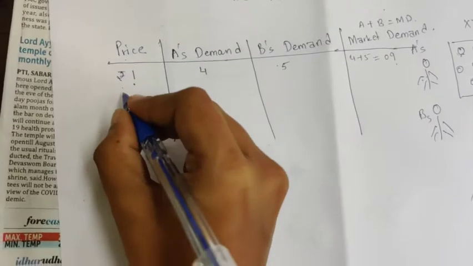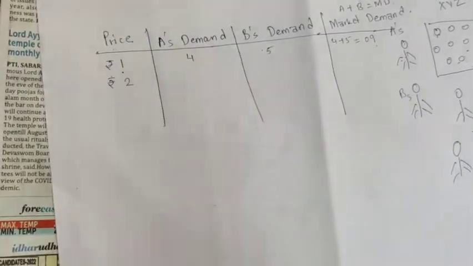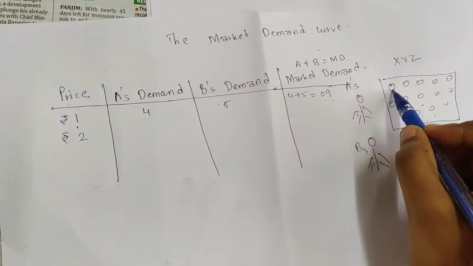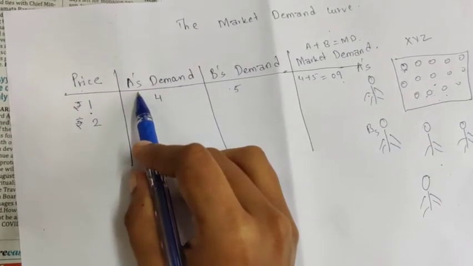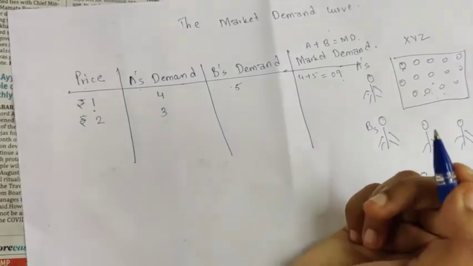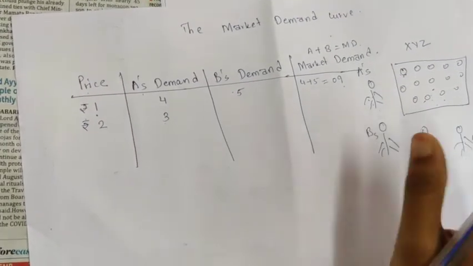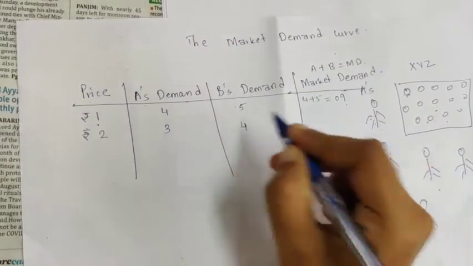When price increases from 1 to 2 rupees per unit, this one ice cream cup will cost you around 2 rupees. What will happen to A's demand? A's demand will get reduced. Maybe this A consumer will start demanding 3 units of ice cream. B will demand 4 cups of ice cream.